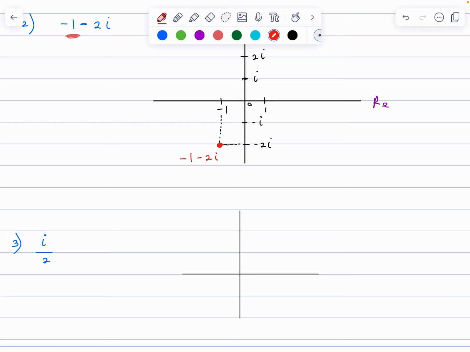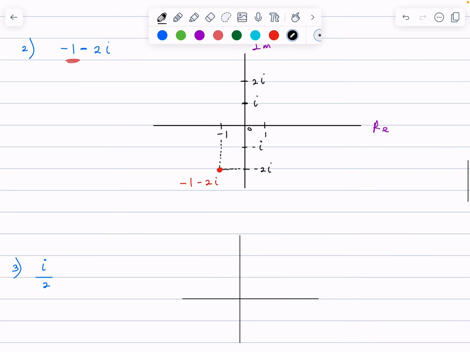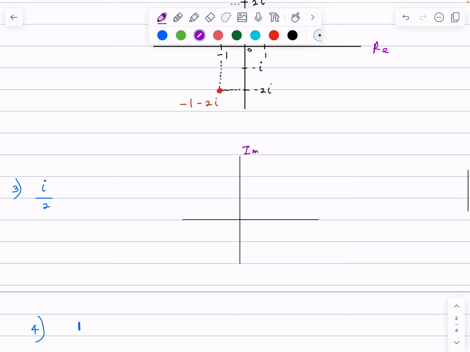Somebody is like, how can I plot this? This can be a little bit confusing. So the way you can plot this complex number is, let's first of all rewrite this complex number in the form x plus iy, so that way we can distinguish the real part and the imaginary part.